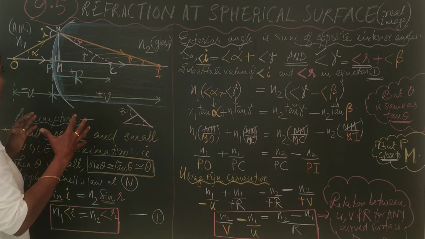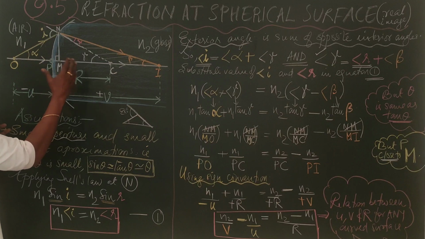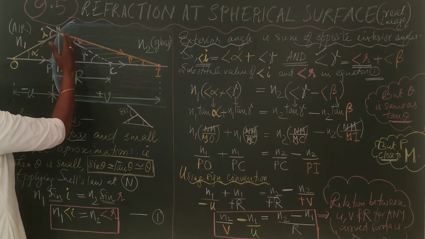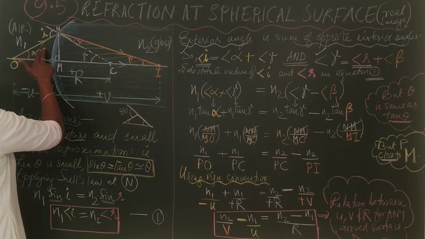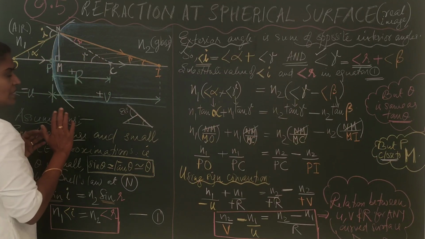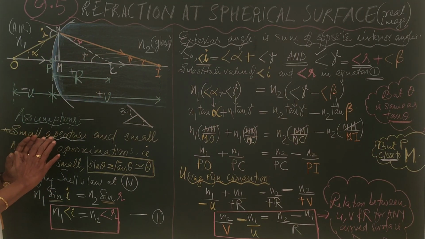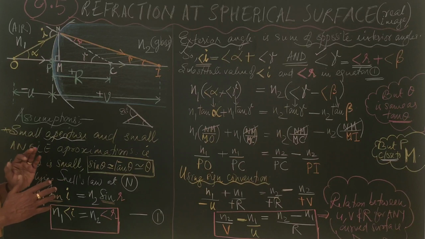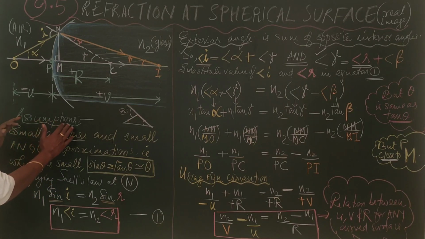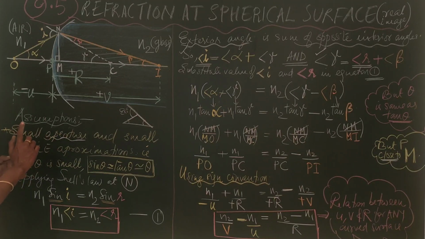Clear? And one more thing, all the angles you have here, i, r, and the other angles I have mentioned, alpha, gamma, beta, etc., are small angles. So the small angle approximation is a must when you discuss ray optics. Let me recap the assumptions: small aperture and small angle approximation.